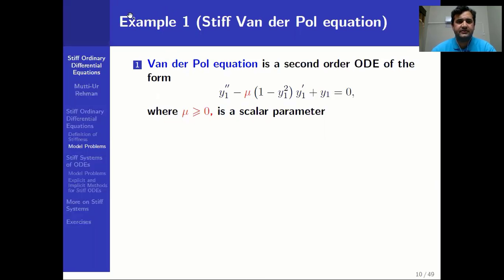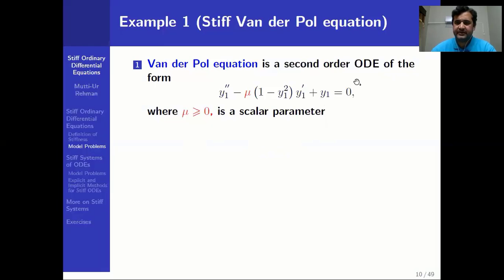Let's take our first example, which is a stiff van der Pol equation. As you know very well, a van der Pol oscillator is of course a nonlinear system. So here is a nonlinear ordinary differential equation which describes the dynamics of the van der Pol oscillator.